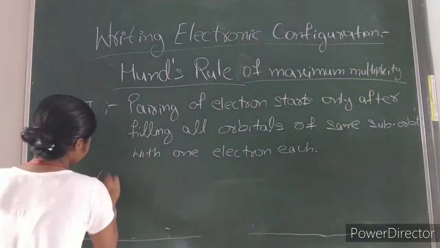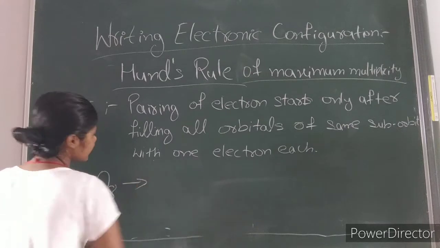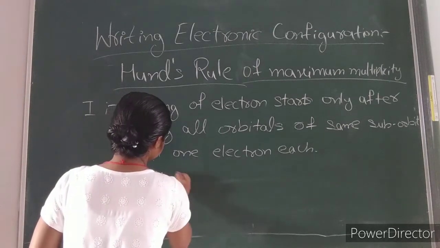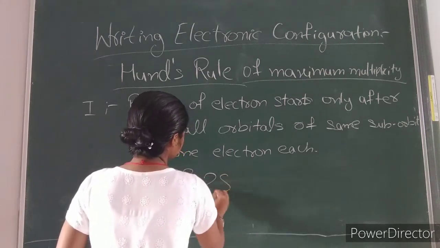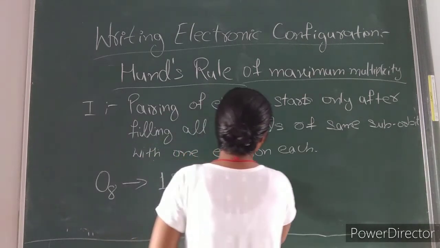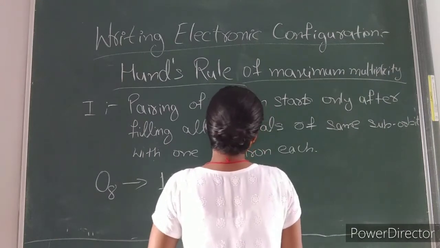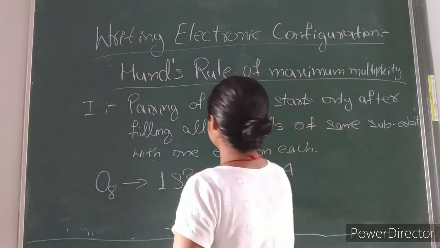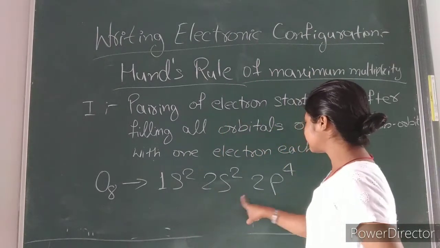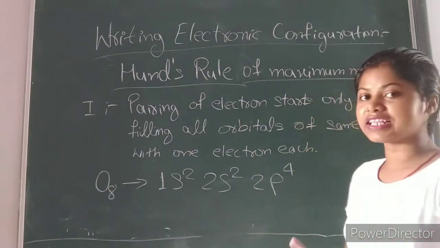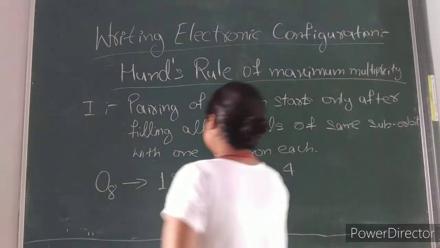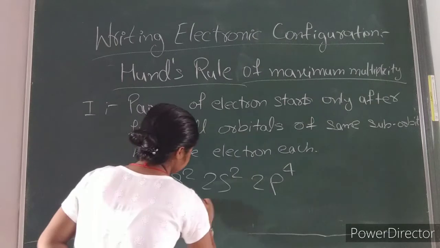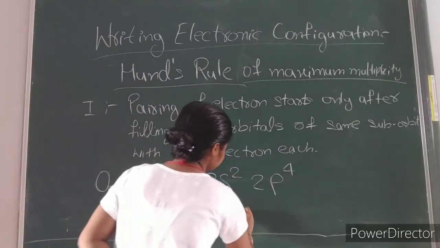Let's take an example of oxygen with atomic number 8. We know its electronic configuration is 1s2, 2s2, 2p4. Now, how can we fill its electrons? We write 1s, 2s, 2p.